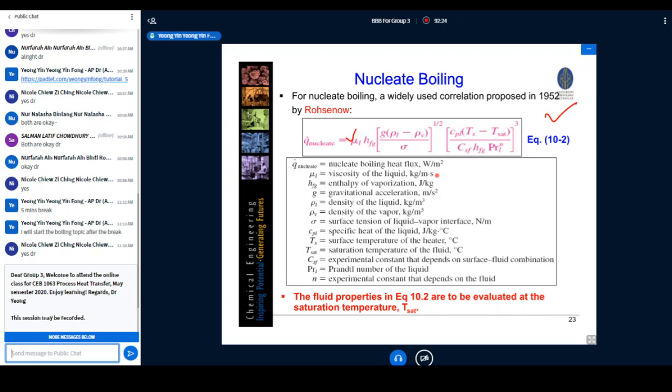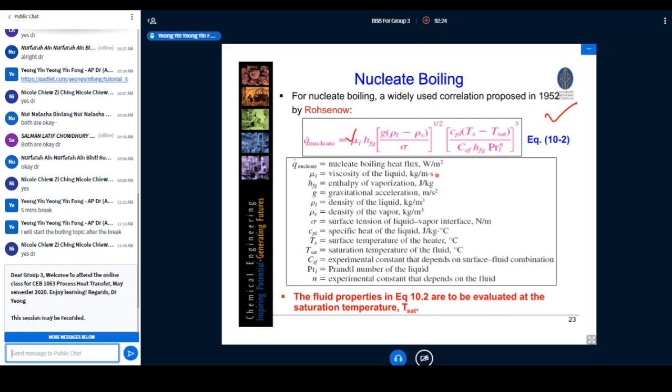Gravitational acceleration g is not new to you all because you use it in natural convection as well. It's 9.81. Rho L is the density of the liquid, rho V the density of the vapor. Again, this one is the surface tension of the liquid-vapor interface. So it's not the 5.67, it's not the Stefan-Boltzmann constant, students. No, it's not that.